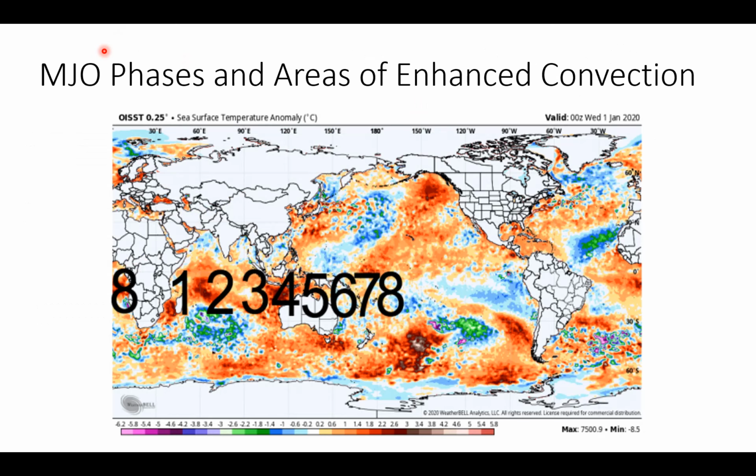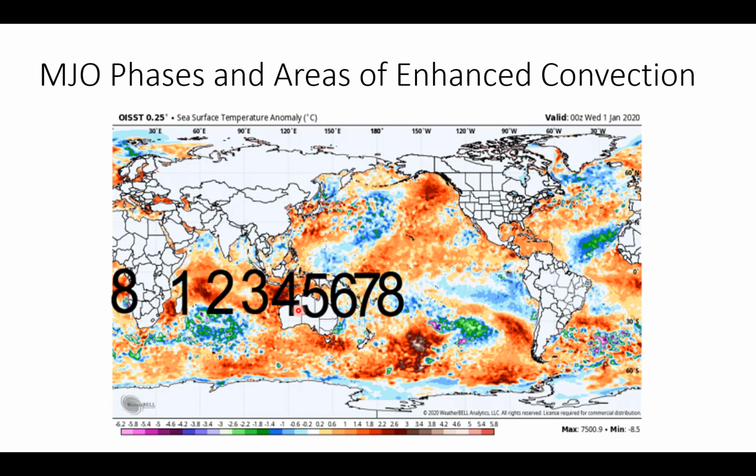If we look at the Madden-Julian oscillation, MJO, phases and areas of enhanced convection, we generally describe the MJO in phases 1 through 8. And so if you notice, phases 1 and 8 are generally associated with convection on the west and east sides of South Africa, respectively. We have MJO phases 2 and 3, where we get enhanced lifting and convection across the Indian Ocean.